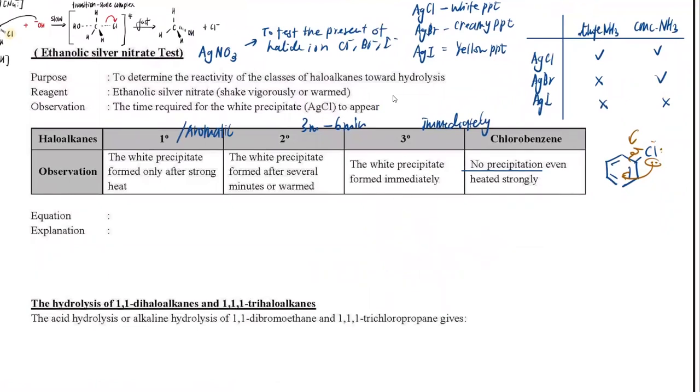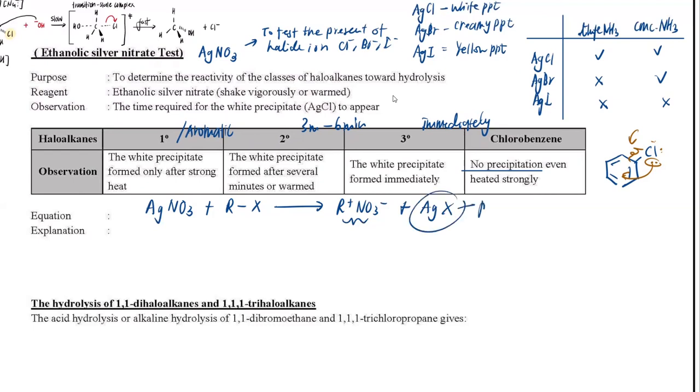So those are some explanations. The equation is something simpler like this: AgNO3 reacts with your haloalkane to form R+ and NO3-, which is nitrate, and AgX.